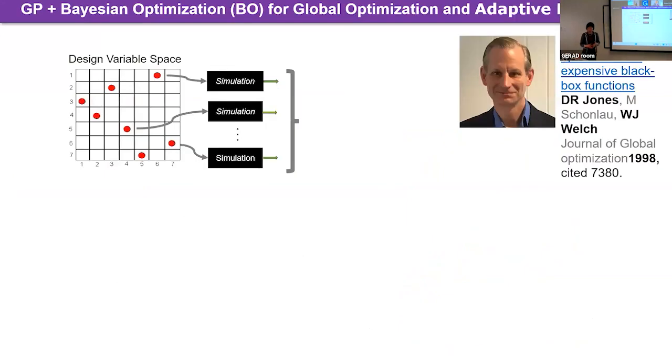Another piece of work that had huge influence on my research is Don Jones' work called EGO, or efficient global optimization of expensive black box functions method. And the original form of this method actually has a similar idea with Bayesian optimization. Bayesian optimization, if you look at the literature, was created even earlier than when Don Jones published his work in 1998.